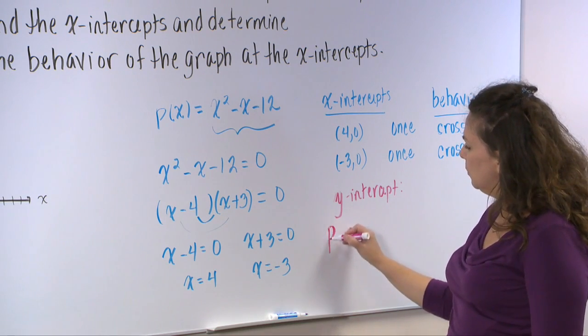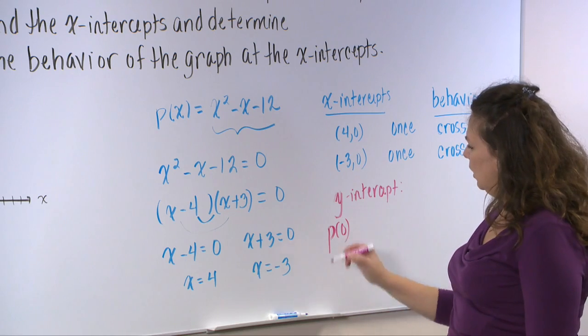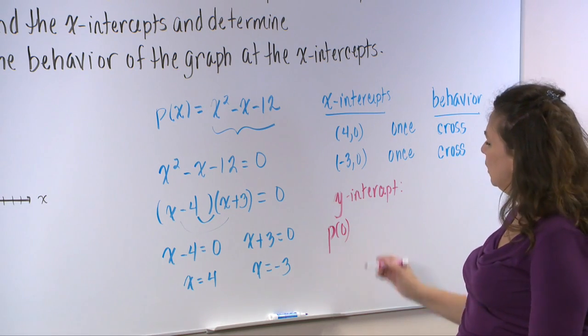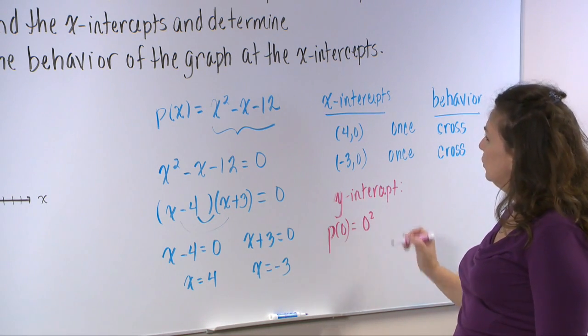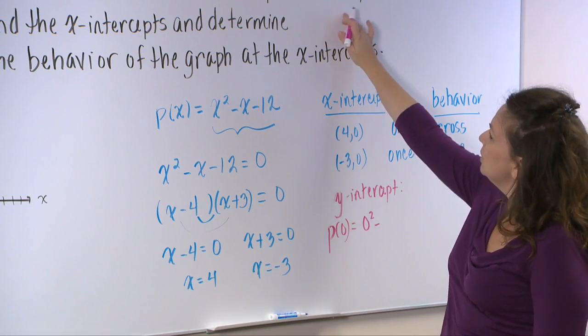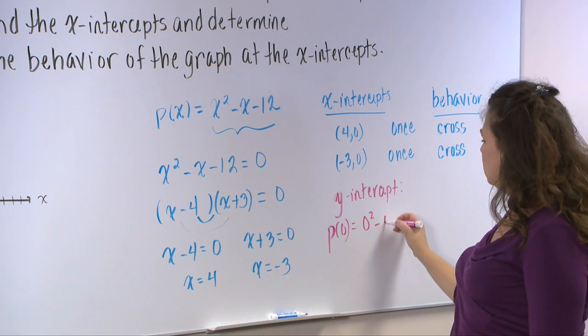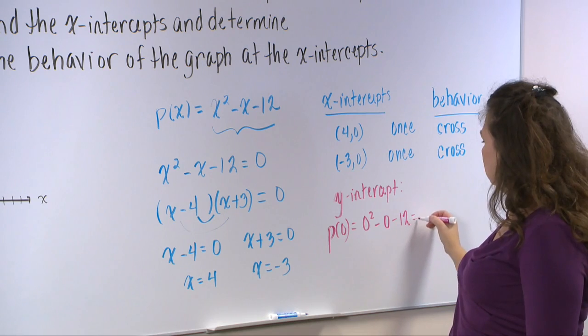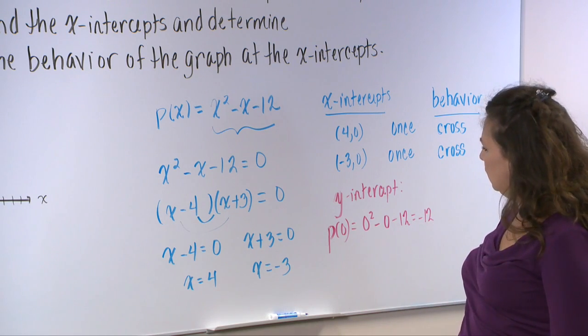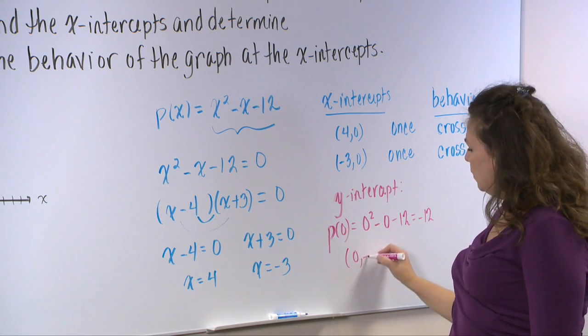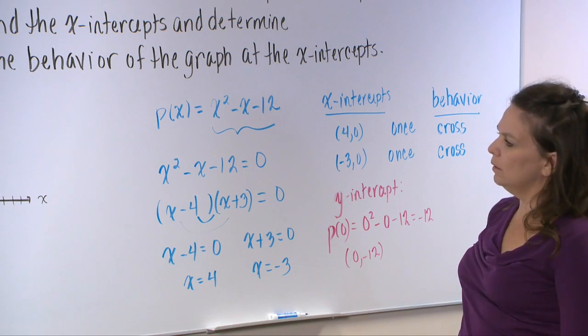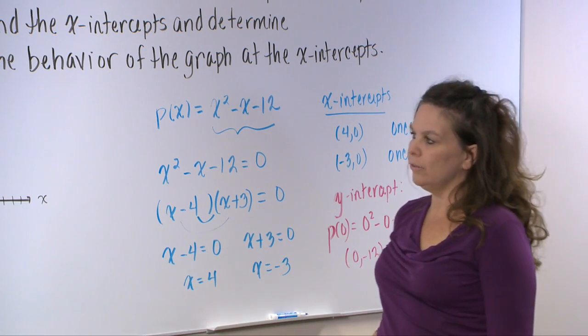So if I take the polynomial function and plug in 0 for x, I have 0 squared. I'm plugging it into this function right here. Minus 0 minus 12, which gives me a value of negative 12. So the y-intercept is the point 0, negative 12.